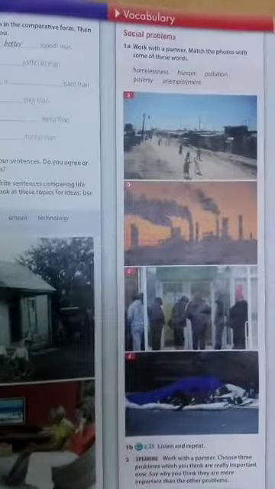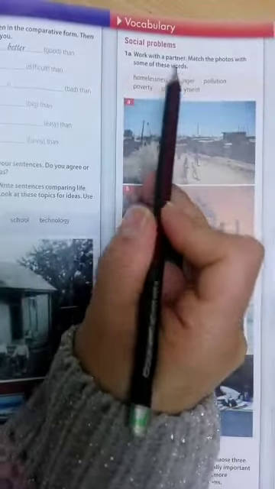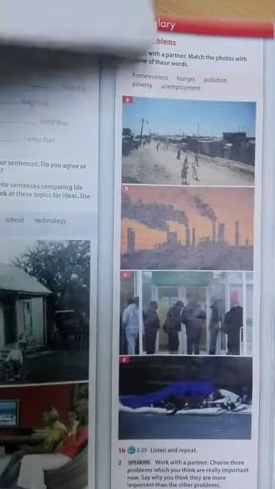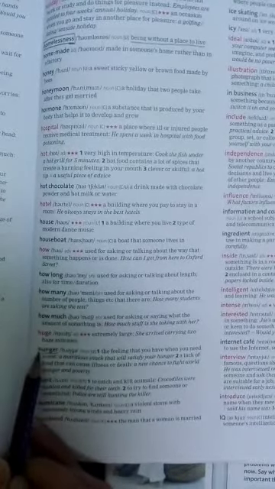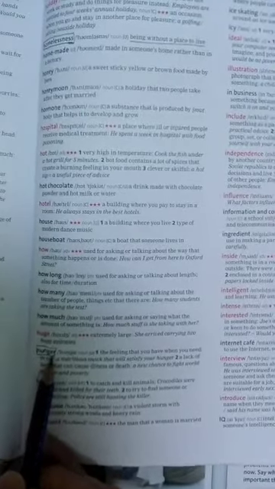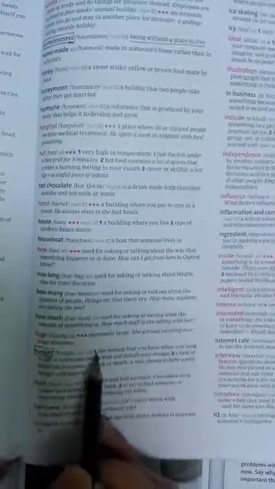The second word, hunger. Hunger starts with letter H. So let's find its meaning in the same page. Yes, I've just found it. This is the word hunger. Hunger has two meanings here.